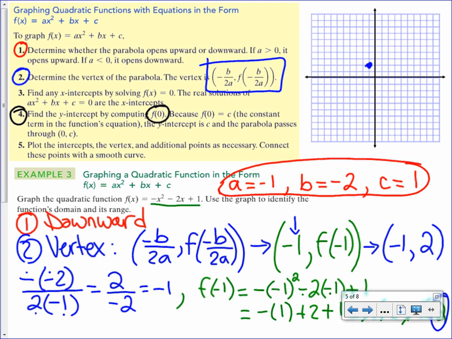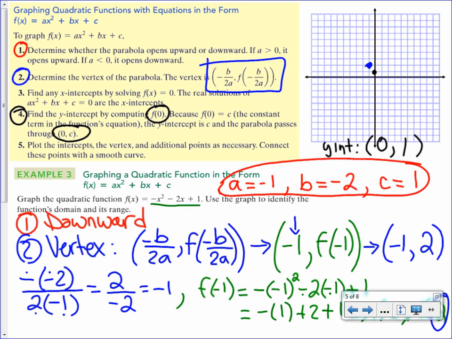And then you guys notice here it says that we're going to get that point, right? So according to our C value, our constant value, that is 1, right? So I'm going to predict that my y-intercept is going to be here. It's going to be the point (0, 1) here.